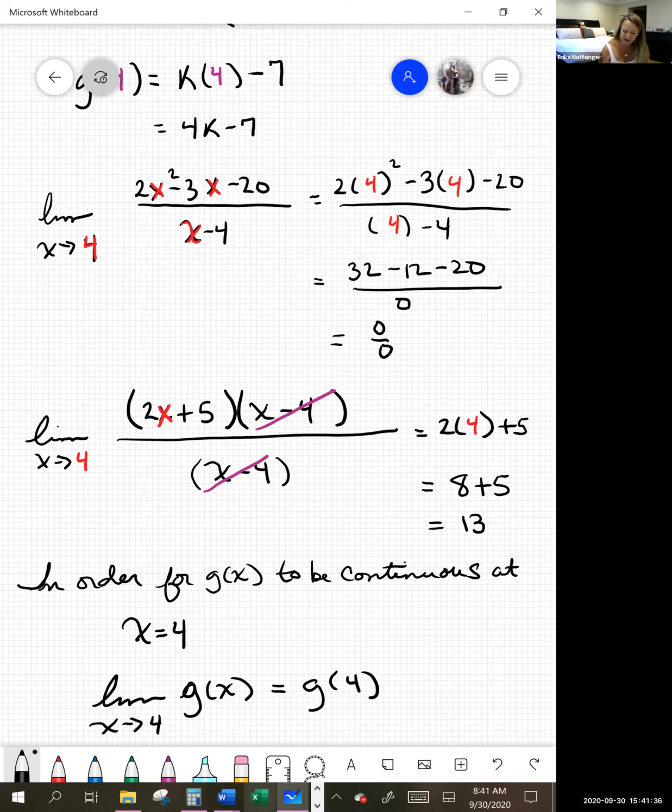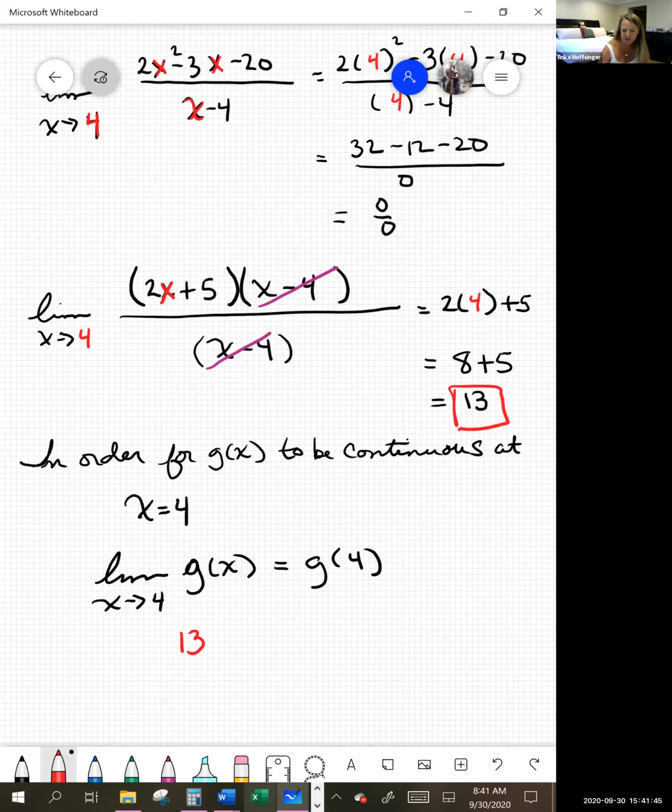Okay, well, we just found what that limit was, right? We just found that limit was 13. So we know 13 has to equal g of 4.